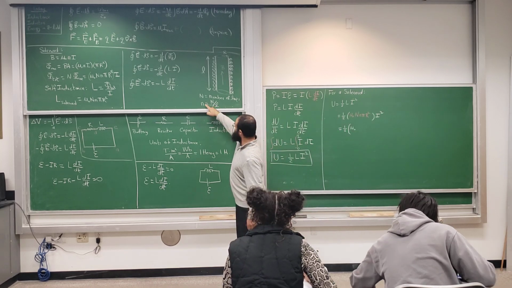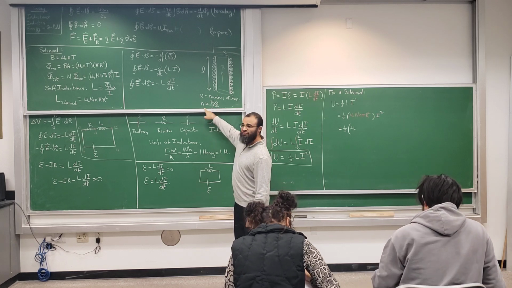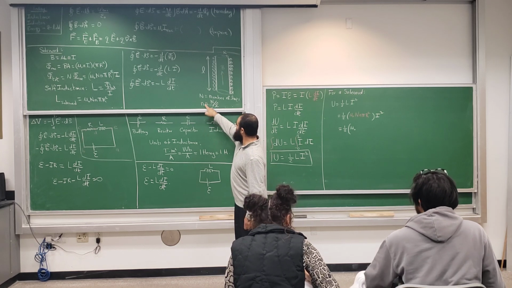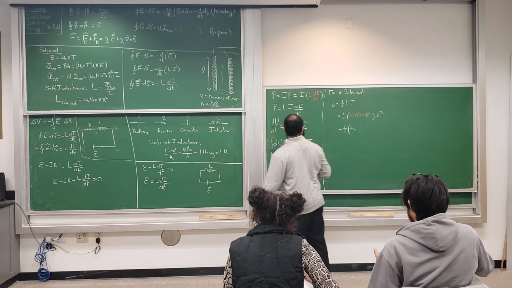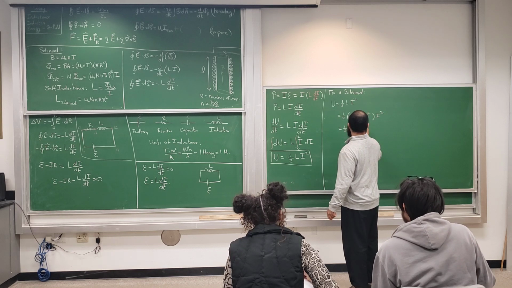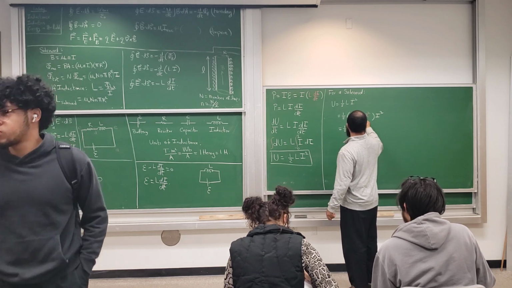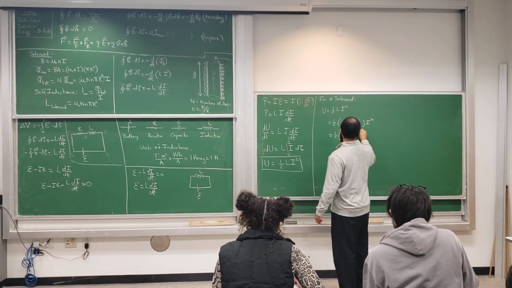Capital N is little n times L. Little n is capital N over L, so little n times L is capital N. So this one is little n times little n, so that's n squared, and then there's L, and that's pi r squared.